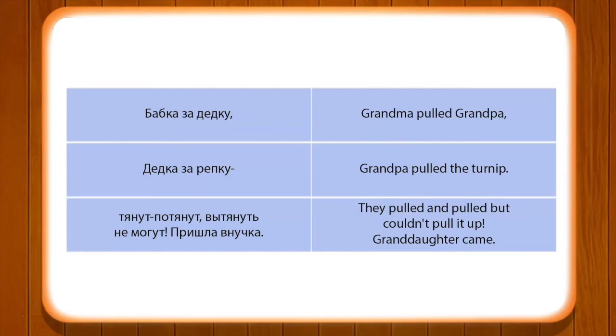Za Jetku takes the question za kavo, accusative case. Jetka is the grandfather. Za Repku, so he is after the turnip.